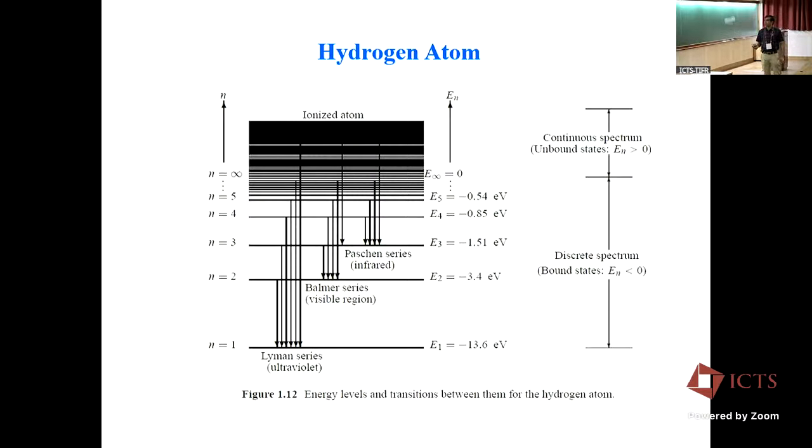This shows the energy level of hydrogen atoms, and you see Lyman series transitions, Balmer series transitions. Today I shall focus mostly on the ground state of neutral hydrogen, that is n equal to 1. But I shall also talk about the importance of Lyman alpha photons in certain aspects of 21 centimeter cosmology.